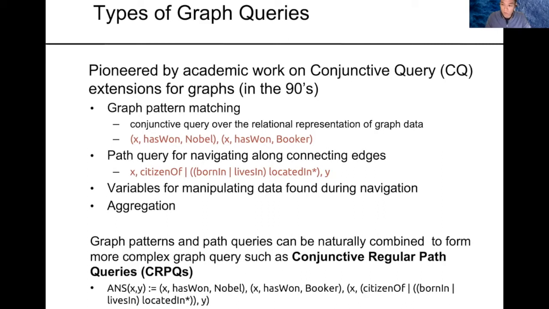So in this example, we combine the former two graph queries, asking for someone who has won the Nobel Prize and also won the Booker Prize, and he lived in some place Y, and he is a citizen of, or born in, or lived in place Y, and thereafter he was located in place Y for some time period.